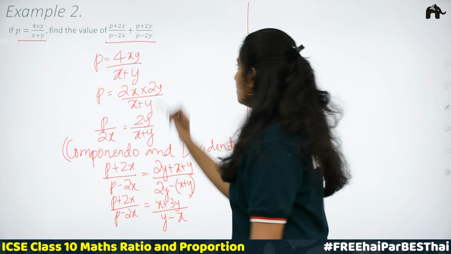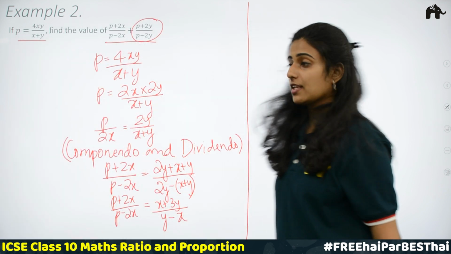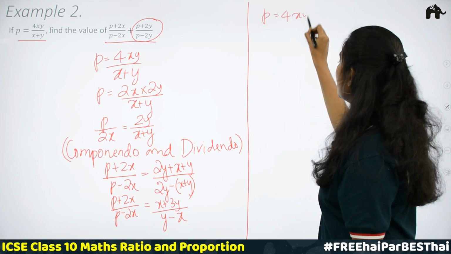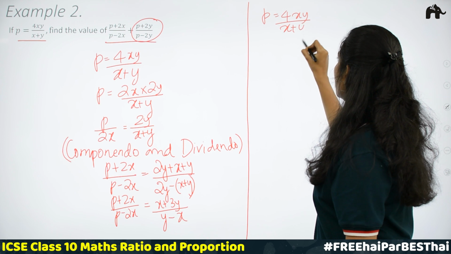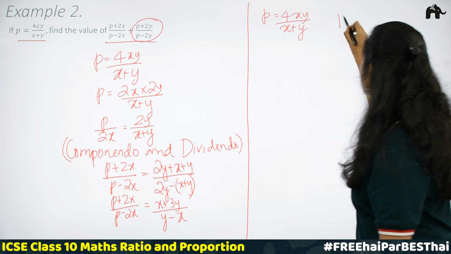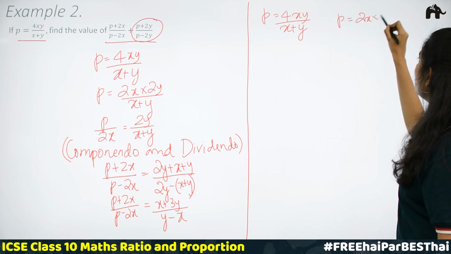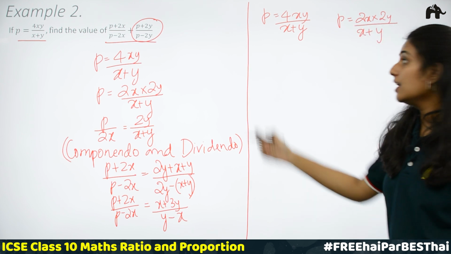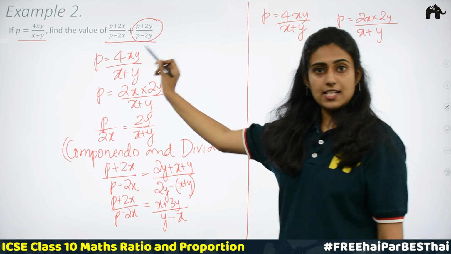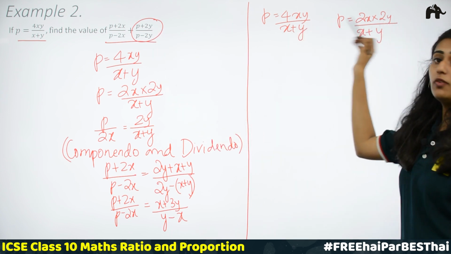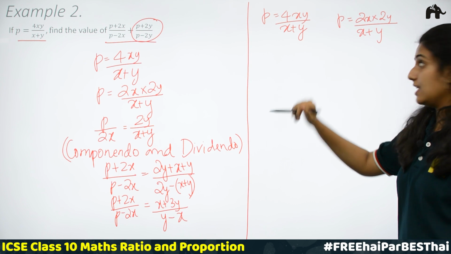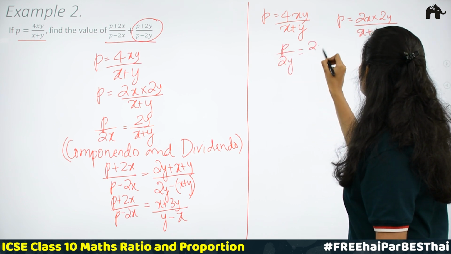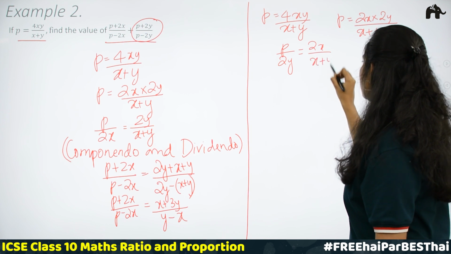Now to get the second part, take this again, that is p is equal to 4xy divided by x plus y, which can be written as p is equal to 2x into 2y divided by x plus y. Now here 2y is added and subtracted. For that purpose, I am taking 2y to the denominator in LHS. That is, p by 2y is equal to 2x divided by x plus y.